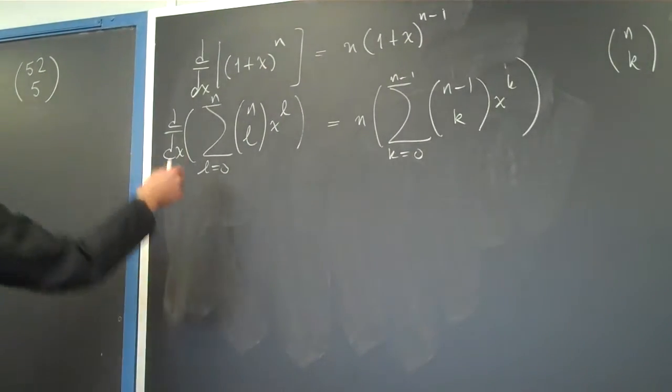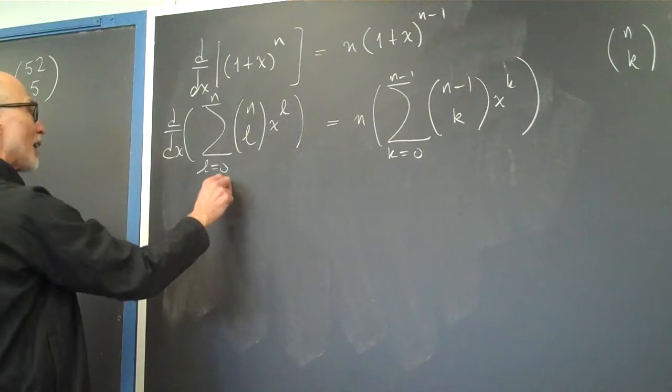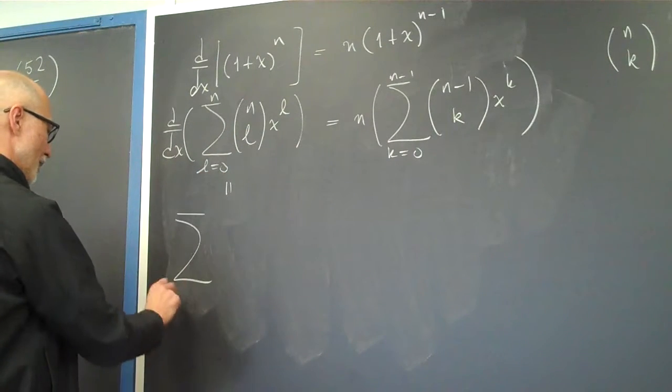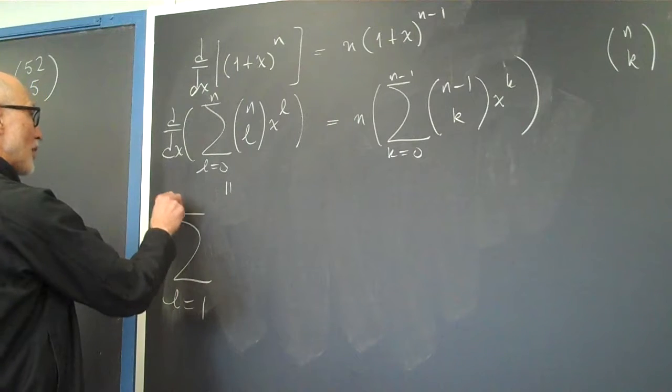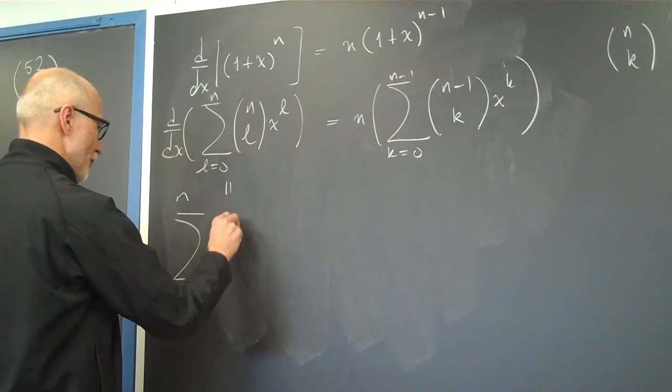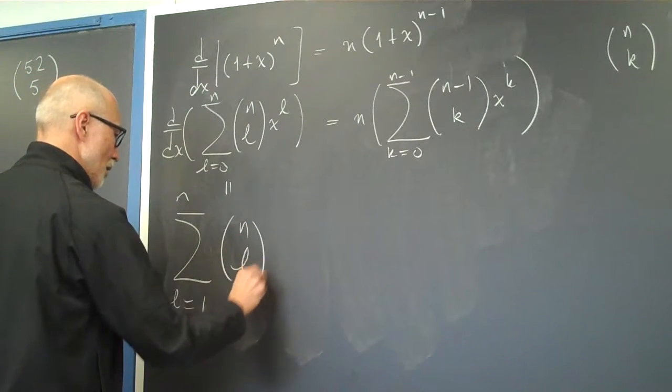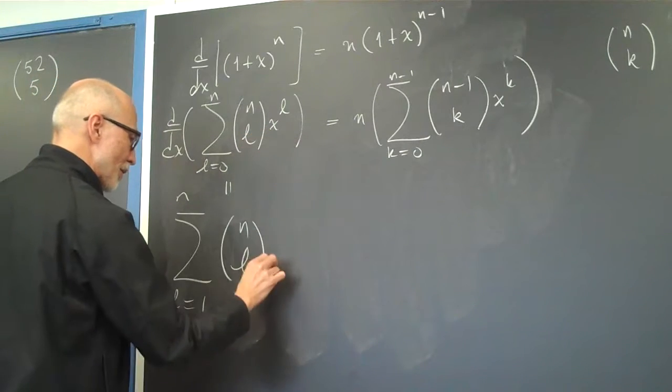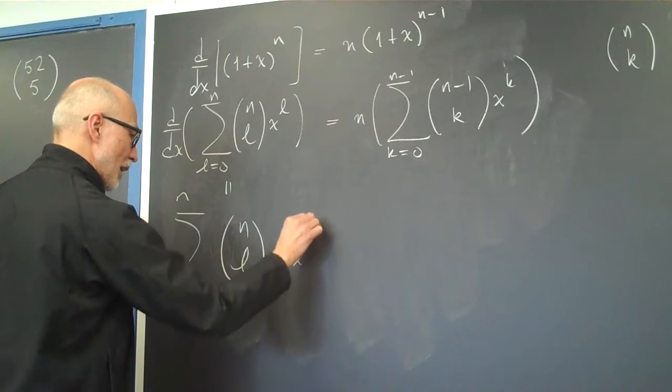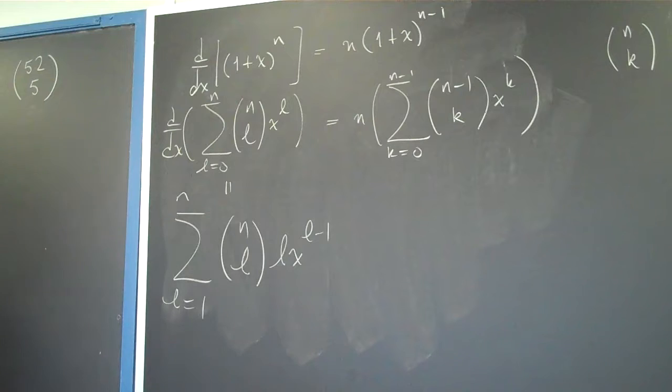On the left-hand side, because of the linearity here, I'm going to get the sum from L equals 1 up to n, and then I take the derivative of this, which is L x to the L minus 1, right?